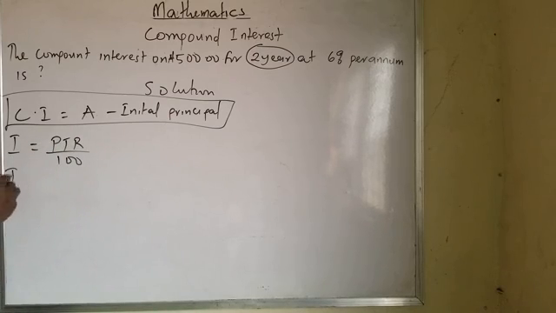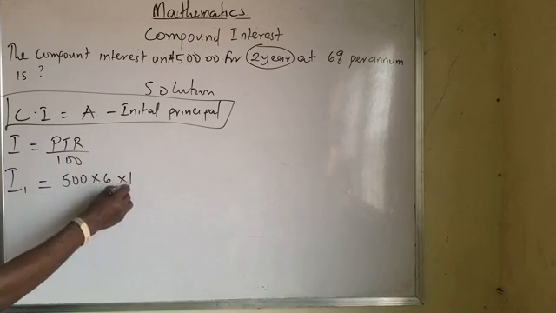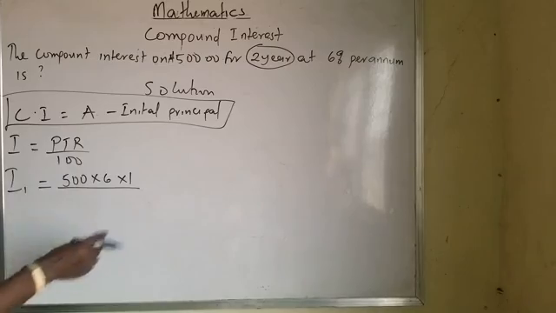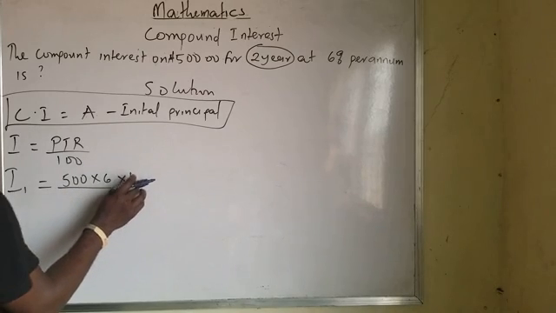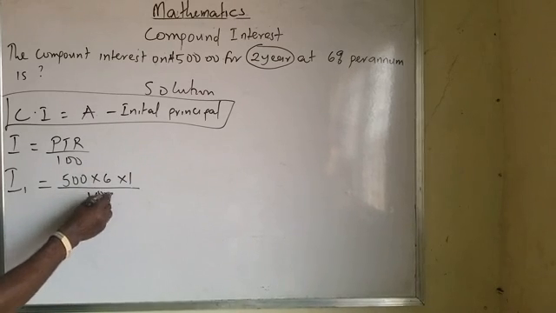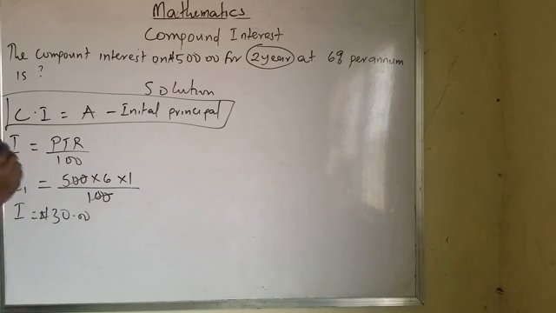Now, interest of the first year, that is year 1, equals 500 multiplied by 6 multiplied by 1 divided by 100, because for the first year, t is 1. This will cancel this, and the interest of the first year will be equal to 30 naira.